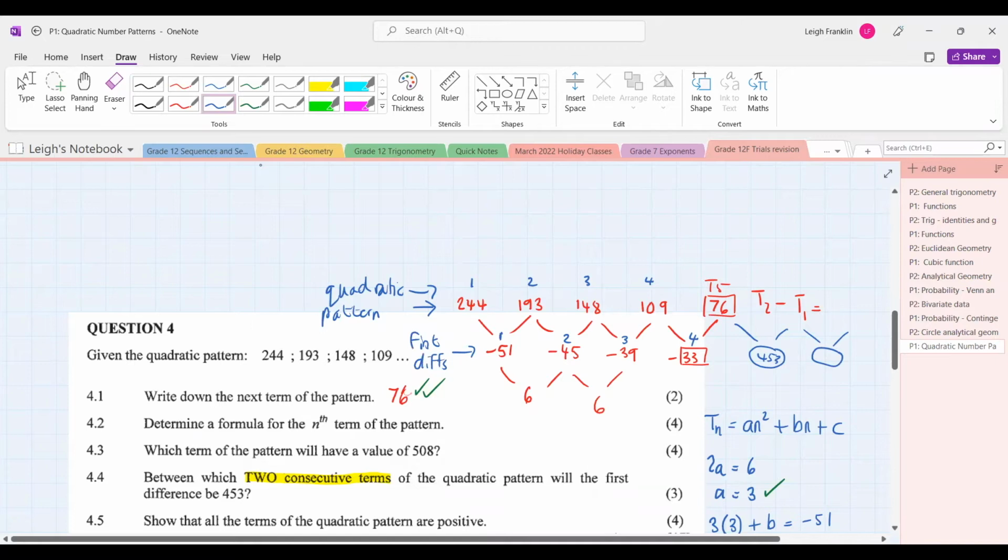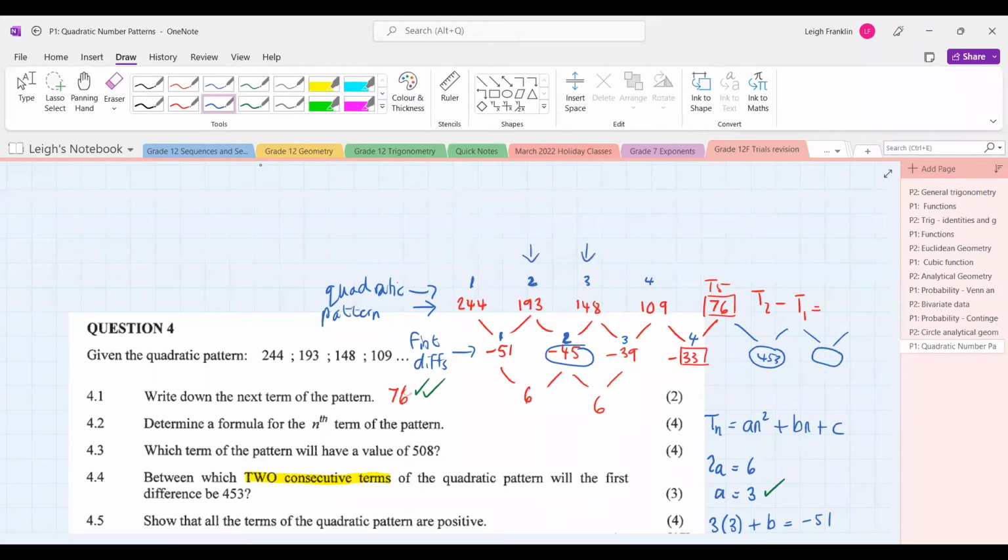Can you see that the first term of the linear differences lies between term 1 and term 2? And the second term of our linear pattern lies between term 2 and term 3. So if we have worked out what the n of this term is, then it means that it lies between this one here and that one there.